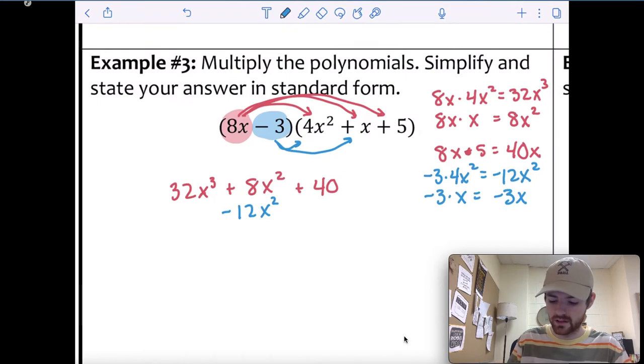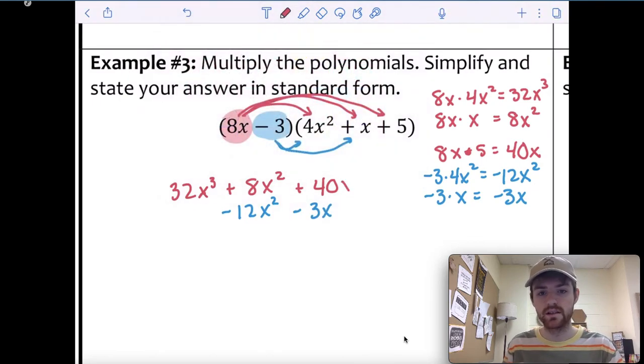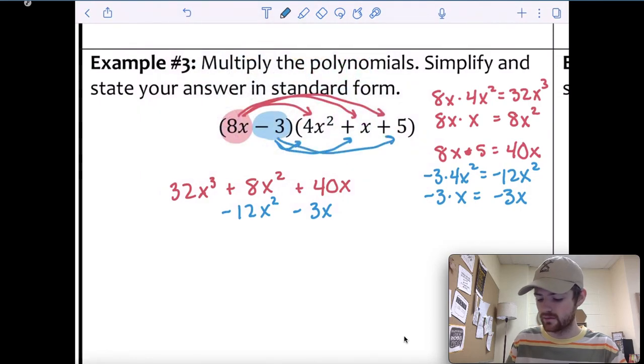Oh, and you know what? It looks like I forgot to put my x on my 40. So I'll correct that real quick. Finally, I will do this negative 3 times 5, giving me negative 15.